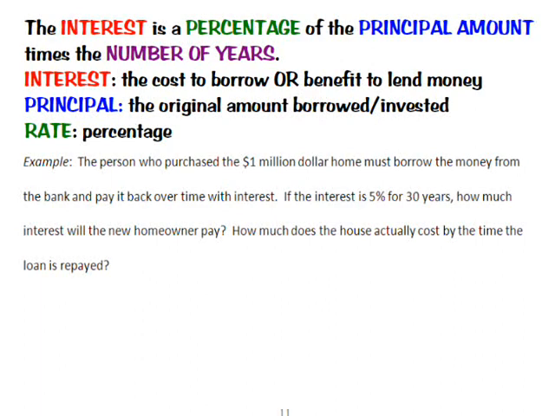Beginning with the magic sentence there, that the interest is a percentage of the principal amount. As you see below, that's the original amount borrowed or invested, times the number of years. The interest, again, is the amount of money that the bank charges someone for borrowing money from them.